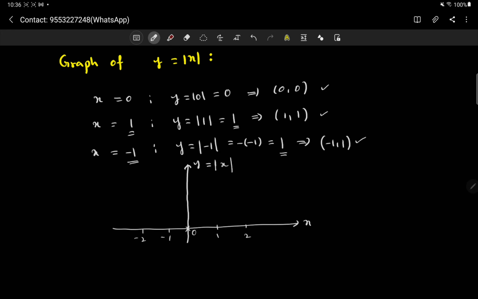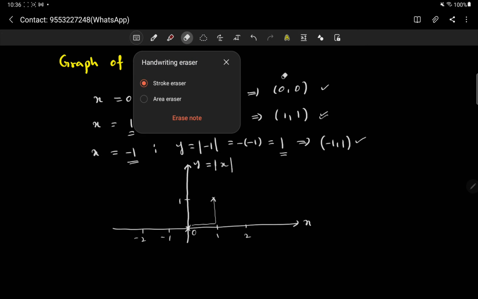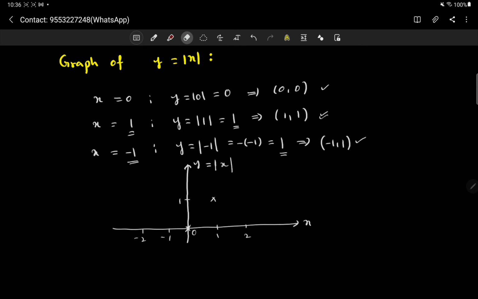Okay, so the first point is what? 0 comma 0, that point will be this one. And the next point is 1 comma 1. The 1 comma 1 point will be here when this is 1. See here, that is 1 comma 1, and the next point is minus 1 comma 1.